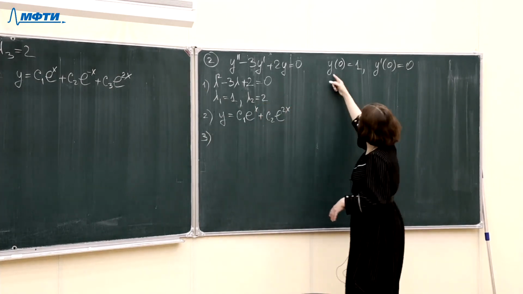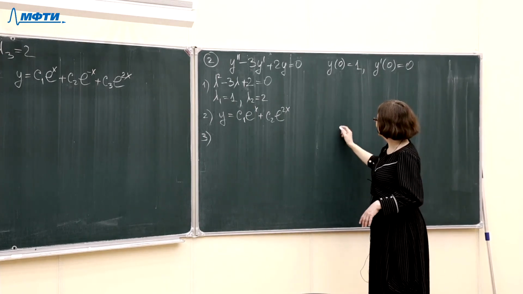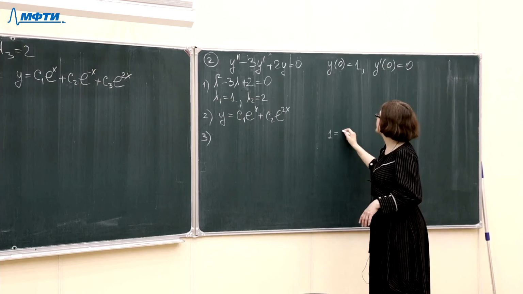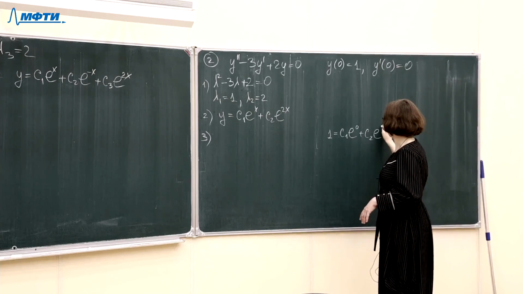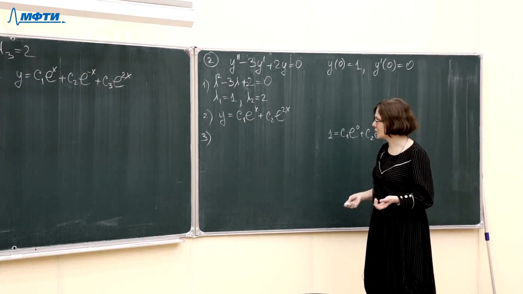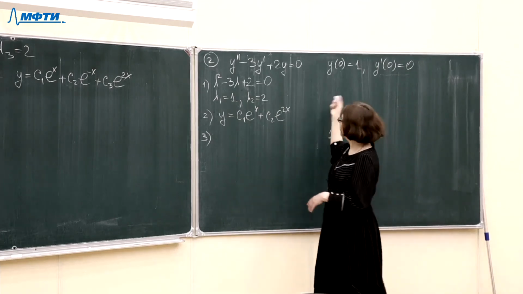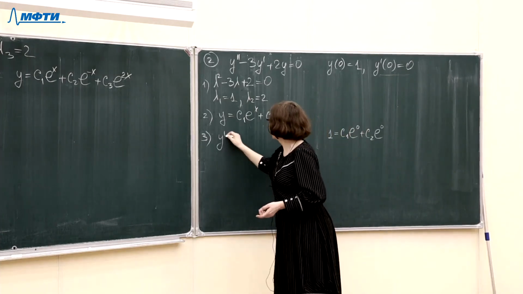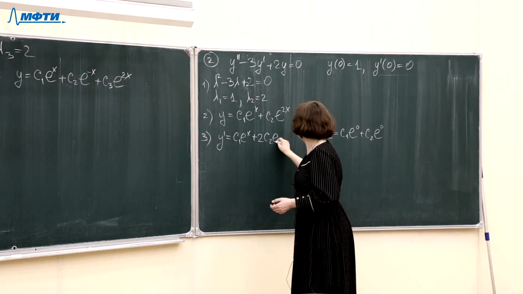We substitute 0 for x and 1 for y, and we get the first equation: 1 equals c1 e to the power 0 plus c2 e to the power 0. But we need a second equation in c1 and c2. To obtain it, we use the second condition, so we must differentiate this solution. y' is equal to c1 e to the x plus 2c2 e to the power 2x.